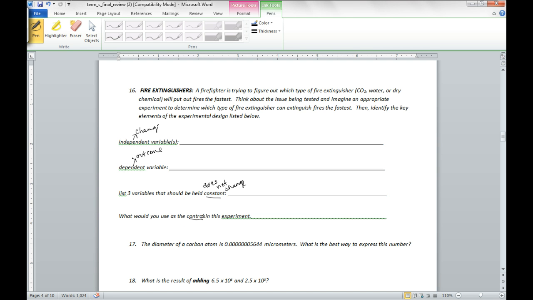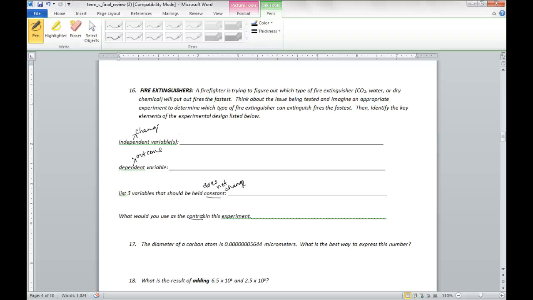So it says a firefighter is trying to figure out which type of fire extinguisher, CO2, water, or dry chemical, will put out the fire the fastest. Think about the issue being tested and imagine an appropriate experiment to determine what type of fire extinguisher can extinguish fires the fastest. Then identify the key elements in the experimental design below.